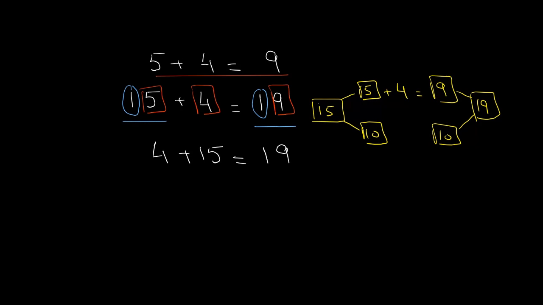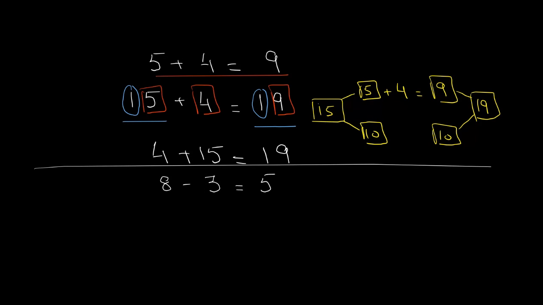Okay, and now on a very similar note, we can also do the same thing with subtraction. Let's say 8 minus 3 is equal to 5, then 18 minus 3 must be equal to 15. We can again use number bonds as we did in terms of addition.